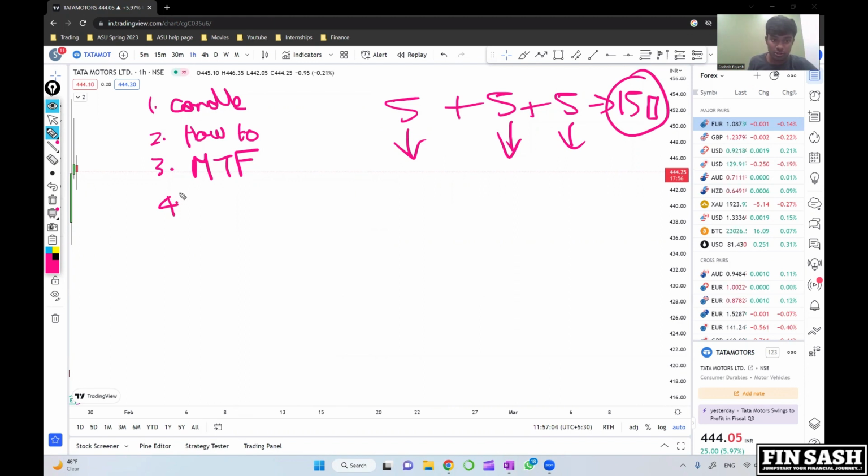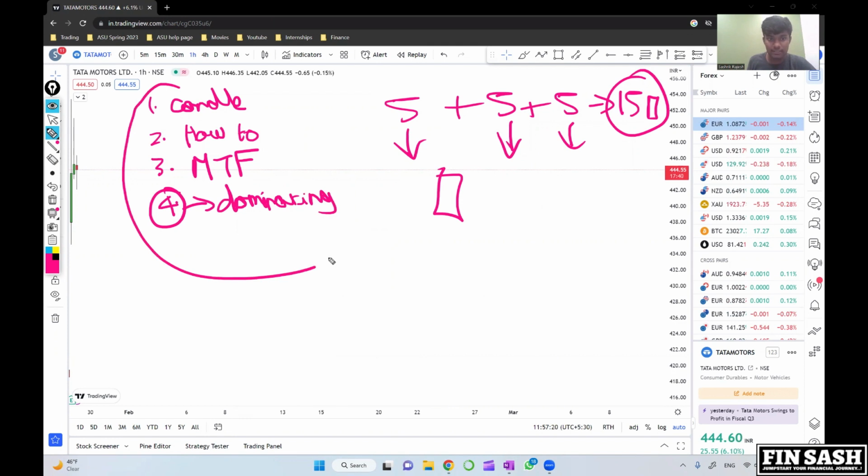I taught you how to see who's dominating the market just with candlesticks for that particular time frame. So dominating. So that's all you need to know about candlesticks. So you guys can now pick up any stock or any index or literally any financial instrument and look at the movement and describe the movement.